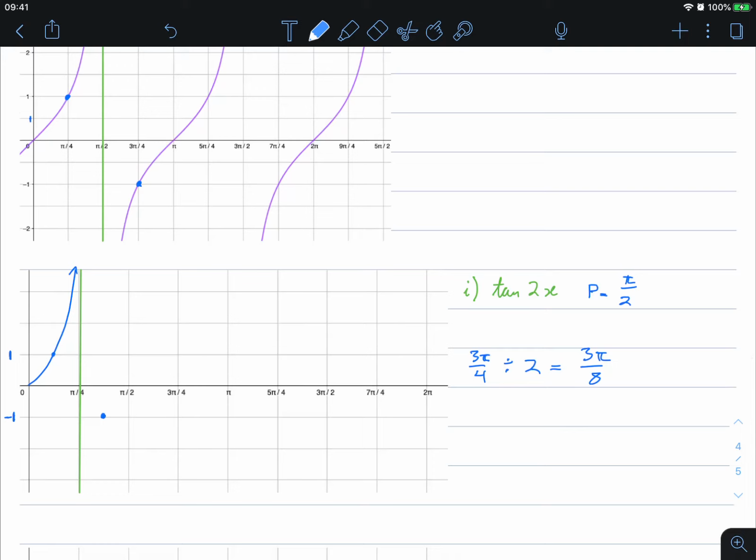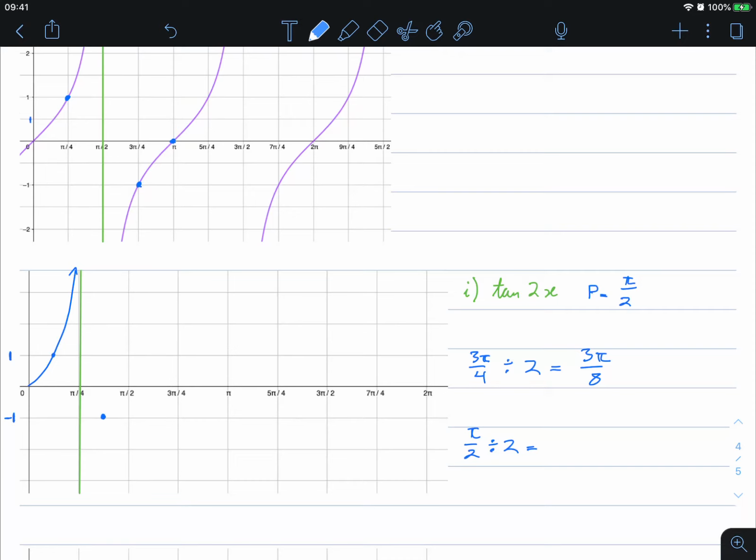Our next critical point here is pi. So pi is at 0, so normally it's here, but because we're going to halve every point's distance, pi divided by 2 becomes pi on 2. So this 0, which is originally here, is now moved to here.